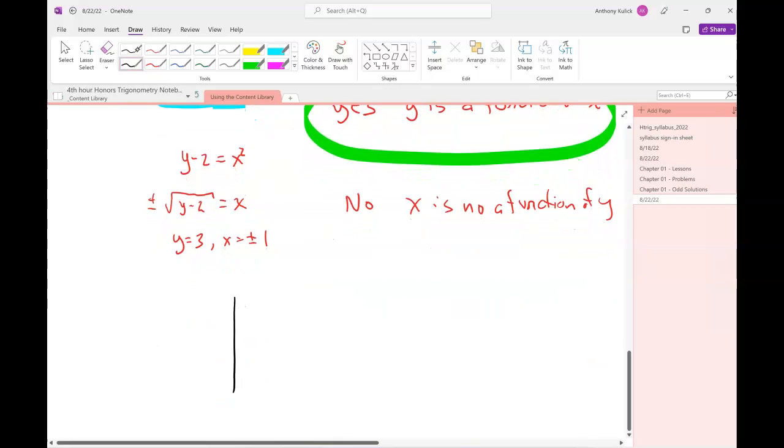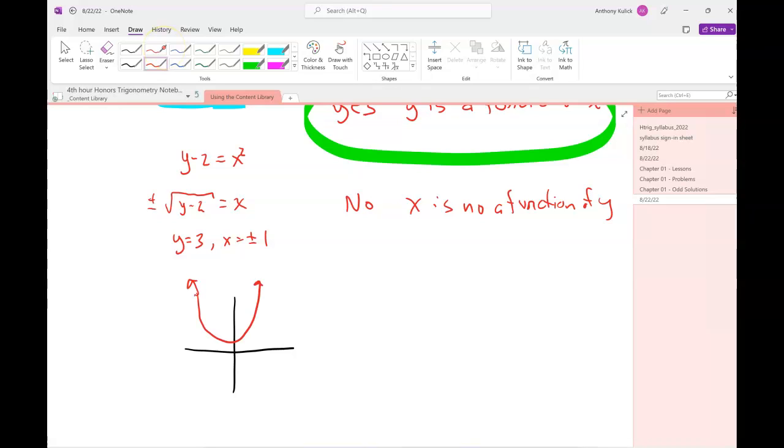What does a parabola basically look like? A U, right? So let's say we have some parabola. How can I tell if this graph represents a function? Do you guys remember this from Algebra 2? Vertical line test, yes.